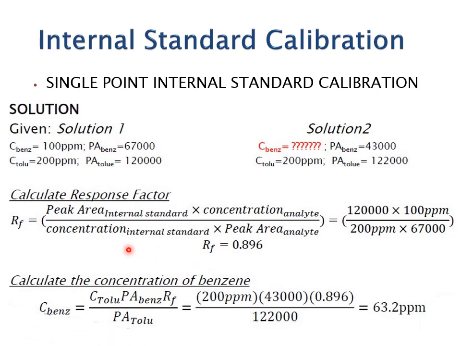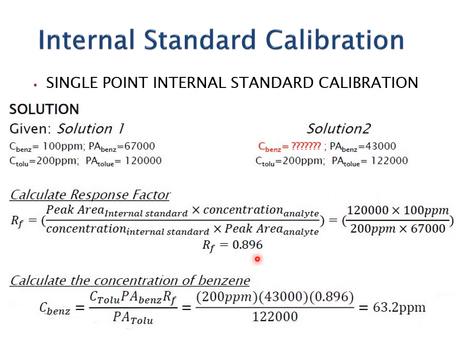So now, with that, you can calculate the concentration of benzene by substituting here in the formula again, given kanina, 200 ppm concentration ng toluene, 43,000 peak area ng benzene. So, di ba kailangan natin ng two solutions, sabi kanina, as a criteria sa single point internal standard calibration.